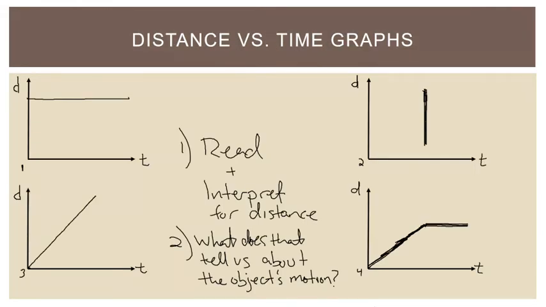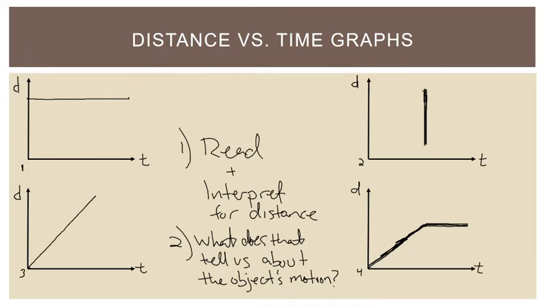Moving on to number 3. Number 3 is a very important graph for this year. And as we said, to read and interpret this graph, you ask yourself the question, what is happening to the y-axis variable as the x-axis variable is increasing? So as the time is increasing, the distance is, and I think it's clear to everybody that the distance is increasing.